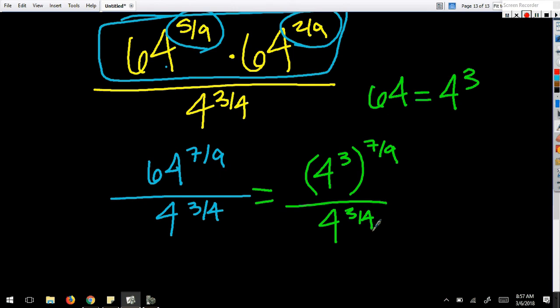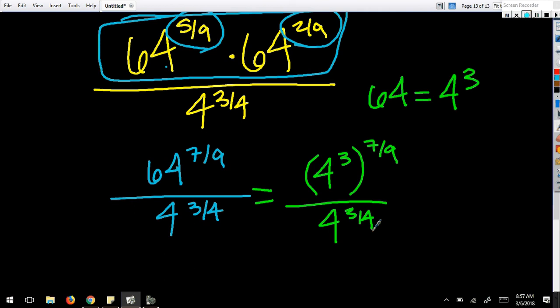That's really weird. Because before, remember I told you to combine, either the exponents have to be the same or the bases have to be the same. Neither was the same here, but I recognized that I could make them the same, because 64 is a power of 4. Okay? So now the bases are the same.